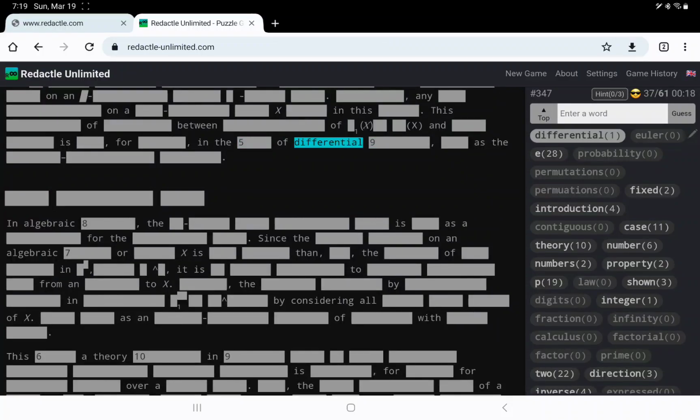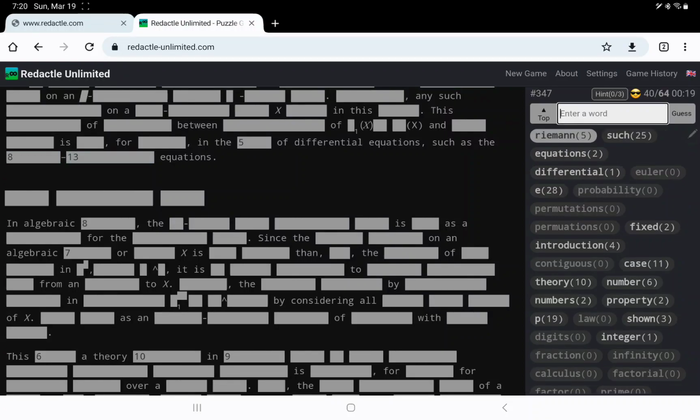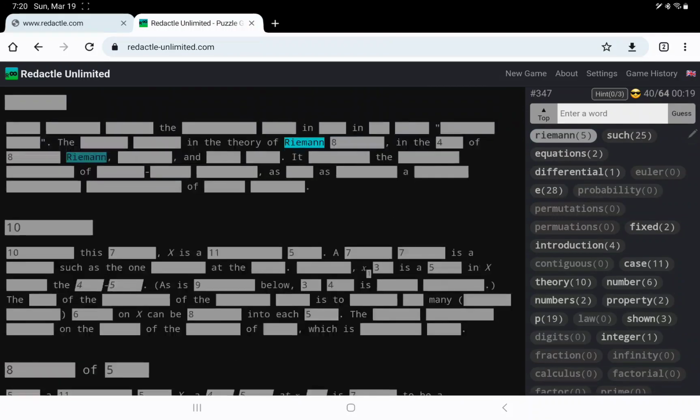In the 5 of differential 9. Equations, yeah, such as the maybe there's 2 people's names hyphenated. Well, let's try the Riemann. Oh, we do have Riemann.